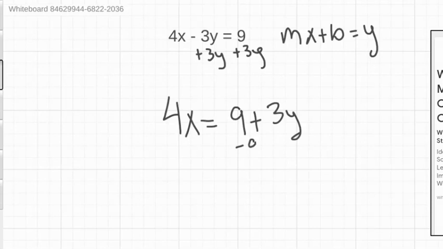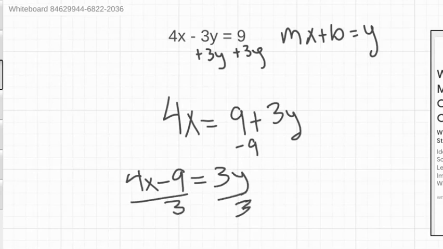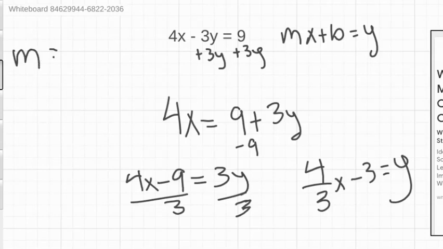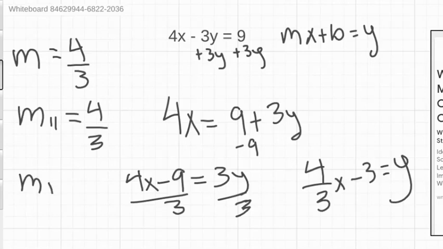Then we'll subtract 9 from each side, and we'll get 4x minus 9 equals 3y, and then we'll divide by 3 to get 4 over 3 x minus 3 is equal to y. So our slope, m, would be 4 over 3. Our parallel slope would also be 4 over 3. And our perpendicular slope would be negative 3 over 4.